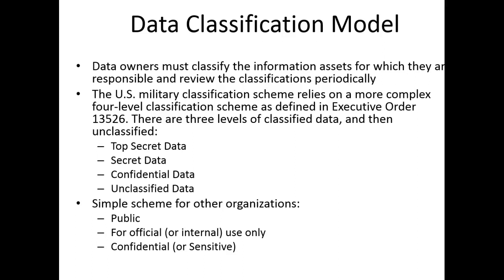So they will have a simple scheme such as public, for general public dissemination of information; official or internal use only, so it's not for public release, but it's sensitive and needs to be for internal communication; or confidential or sensitive, which is essential and protected information, the disclosure of which could severely damage the financial well-being or reputation of the company. So they might have these 3 levels of classification.